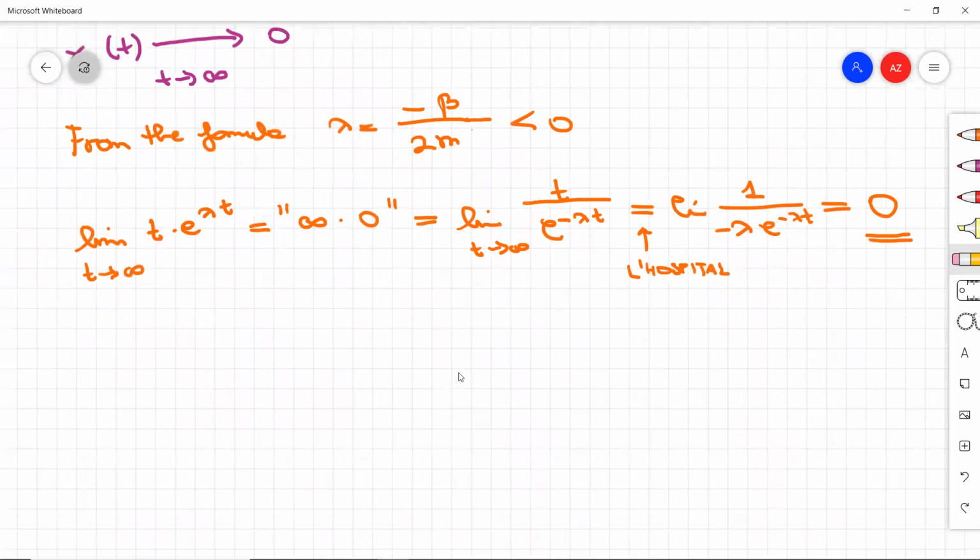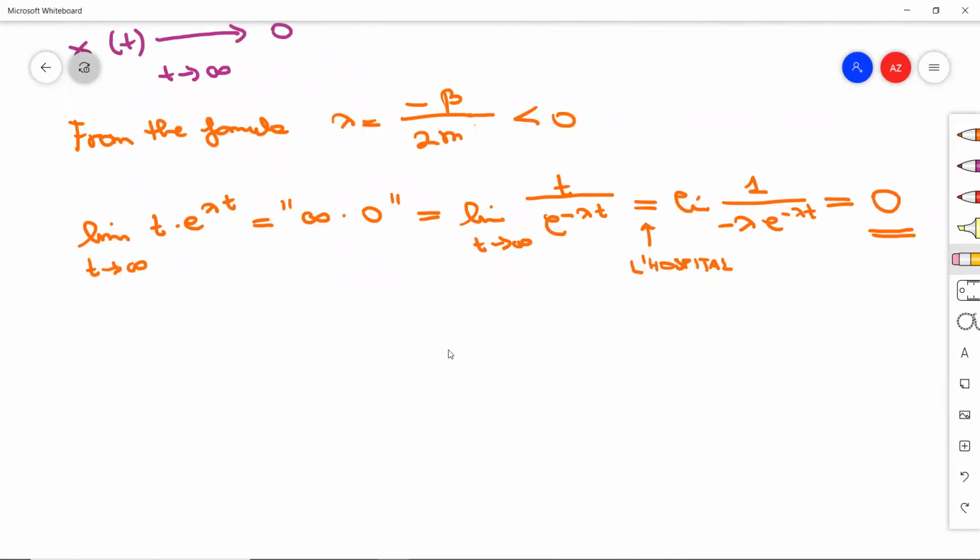This is called critical damping, when the discriminant is 0. And the third case is where the discriminant is smaller than 0. In this case, beta squared minus 4mk is smaller than 0, and we have two complex solutions.